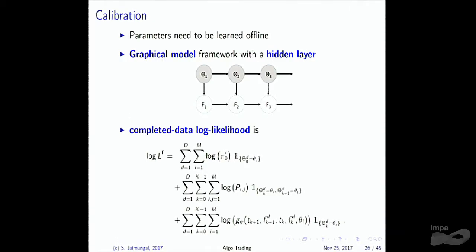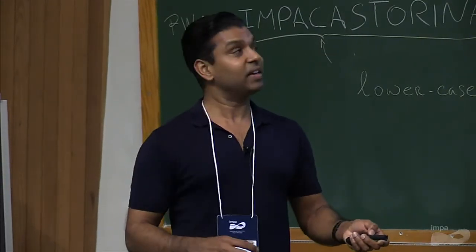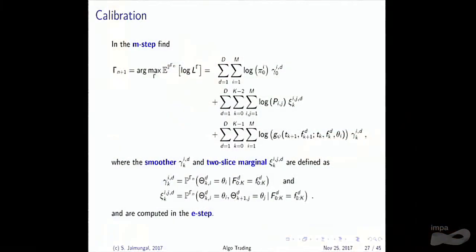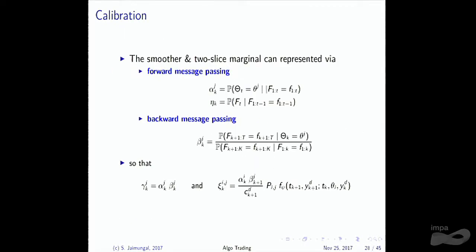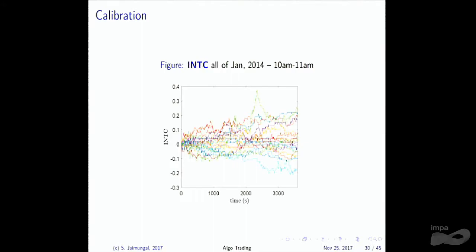Because we have this connection here, and our data is generated by a process that is not simply a discrete distribution, you now have a difficulty in optimizing that part of the completed data log likelihood. However, it turns out that there are efficient ways to do it using GPUs, which is what we did. There's a similar forward-backward type algorithm that you can develop for this. Those are the update rules. Again, forget details. Let's look at some examples, data.